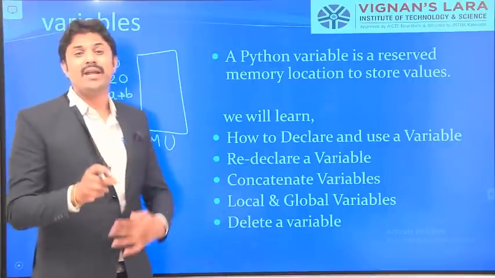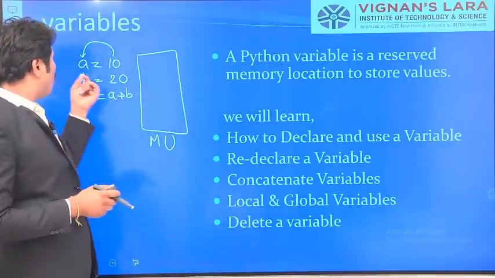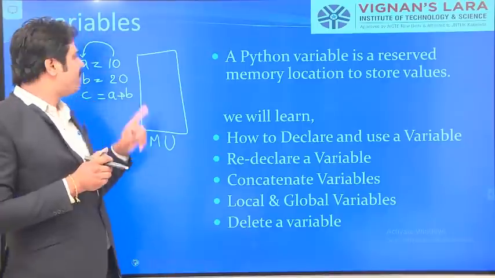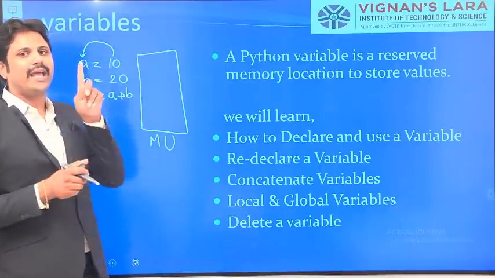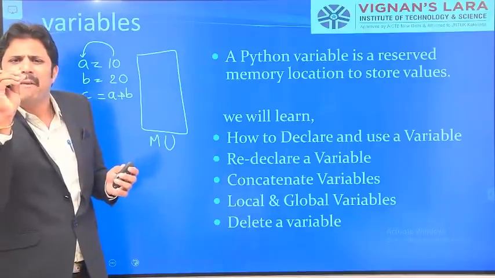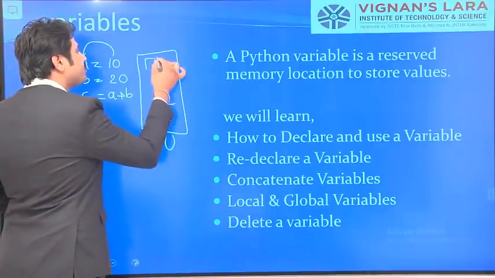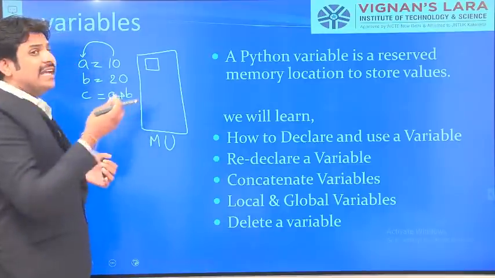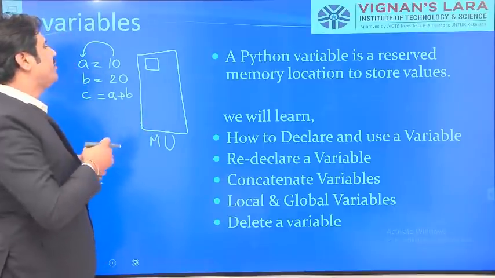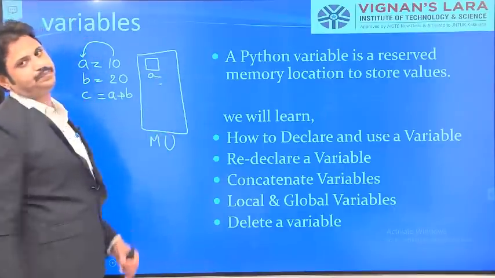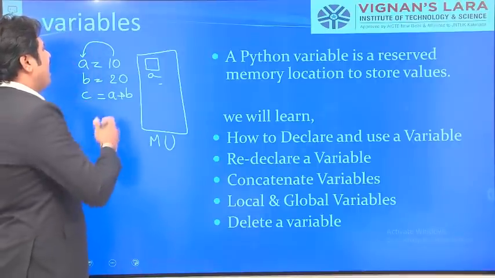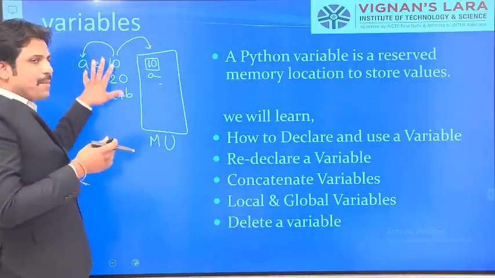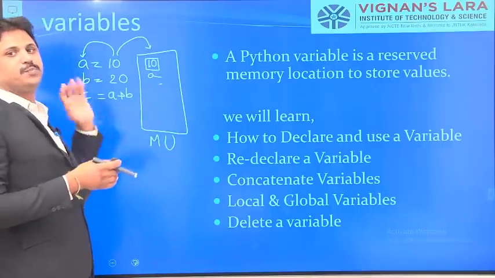If I declare A equals 10 in my program, some memory is going to be allocated for A. The name of this memory is A, and here this 10 is going to be stored. This is the hardware version of this program.